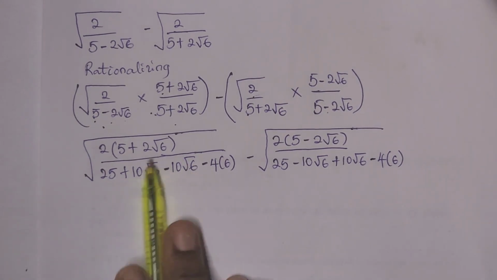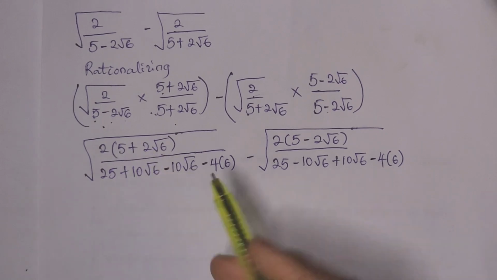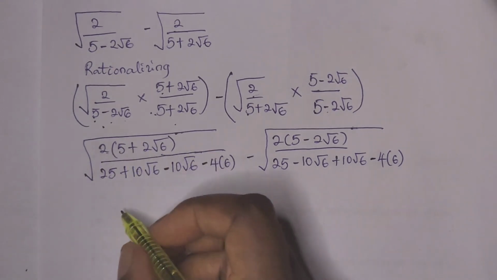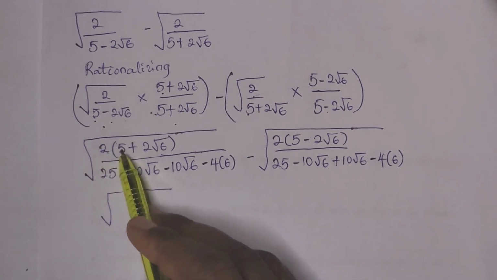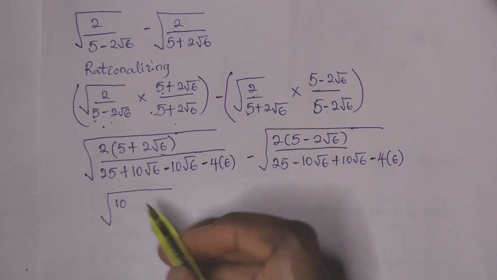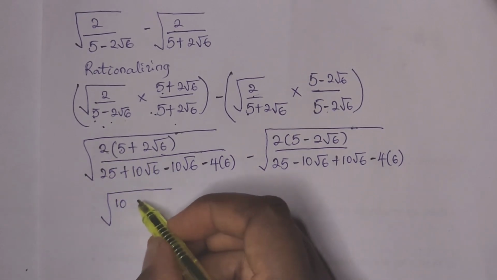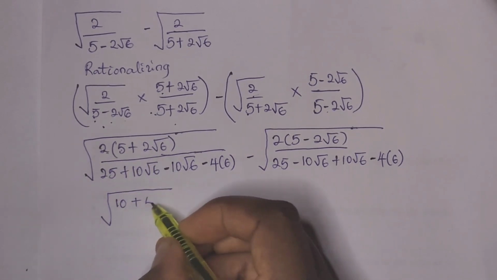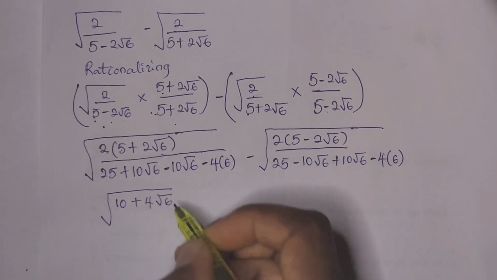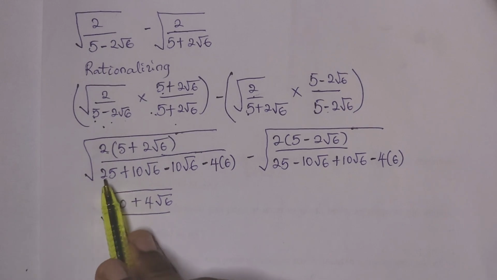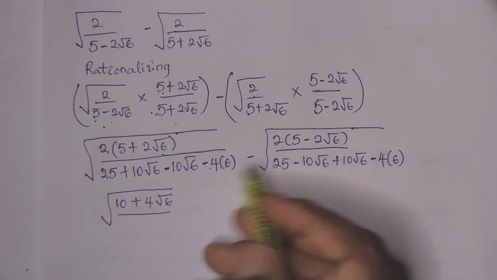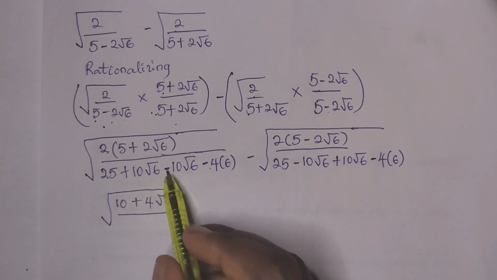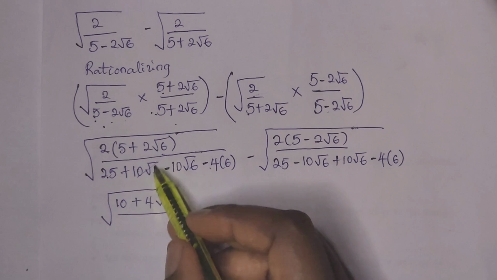So resolving this, we open up this bracket. We have 2 times 5 as 10, and 2 times 2 we have plus 4 root 6, all over 25 minus 4 times 6. So 10 root 6 minus 10 root 6 is out.